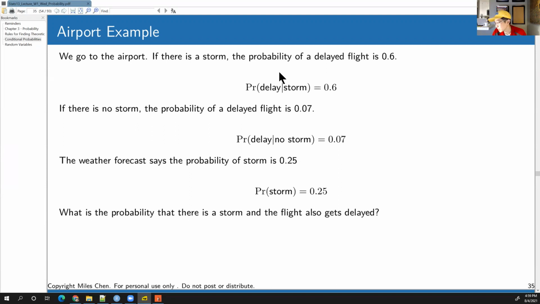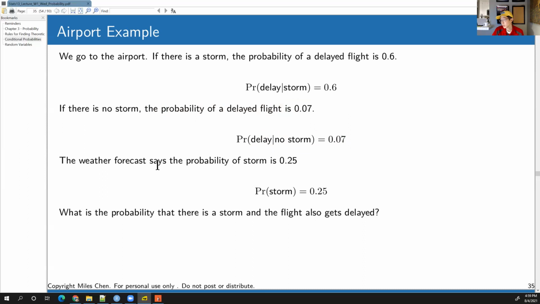If there's no storm, sometimes your flight still gets delayed, and that happens with a probability of 7%. So the probability of delay given no storm is only 7%.